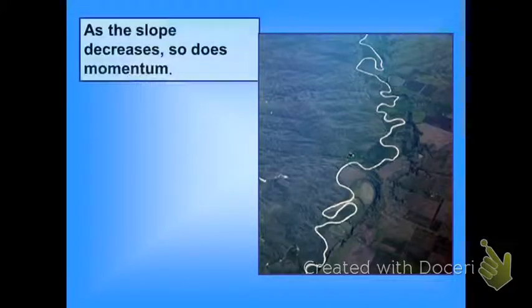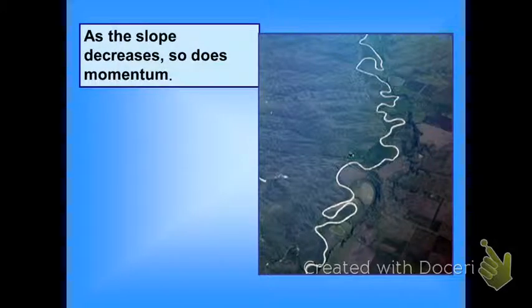Right here we have a picture of the Mississippi River. As the slope of the ground decreases, the water will follow it.